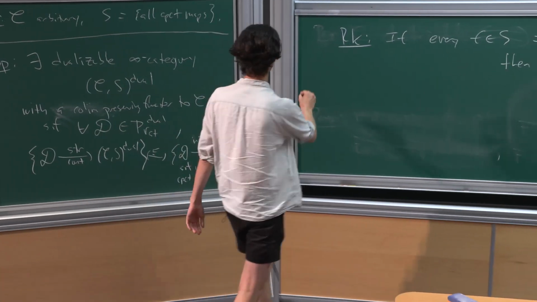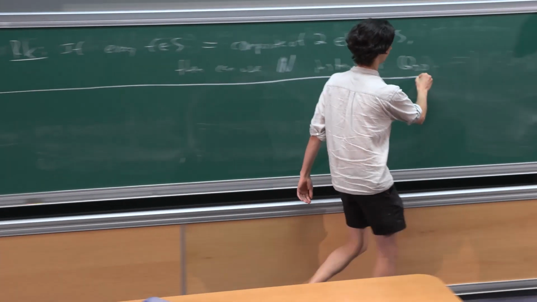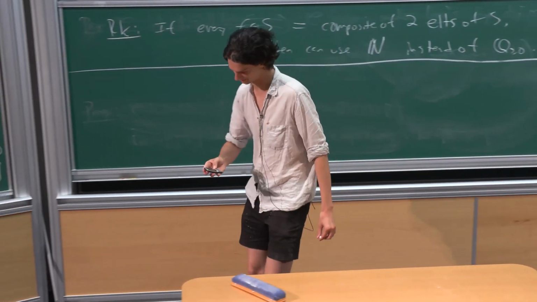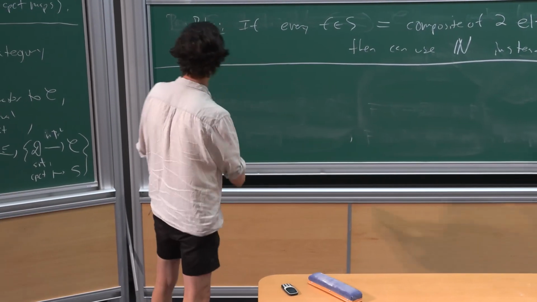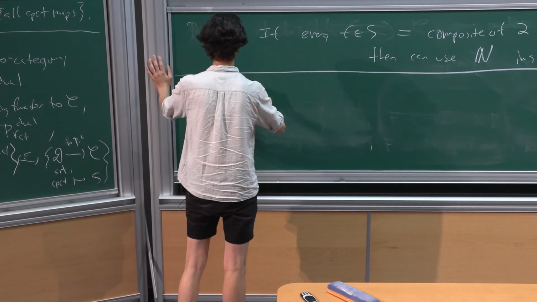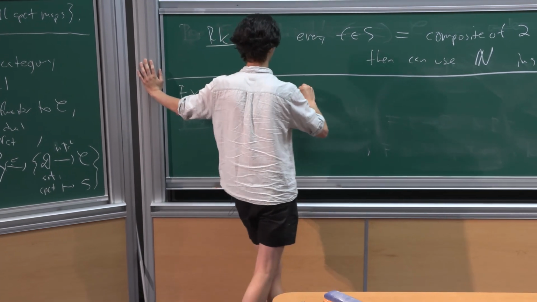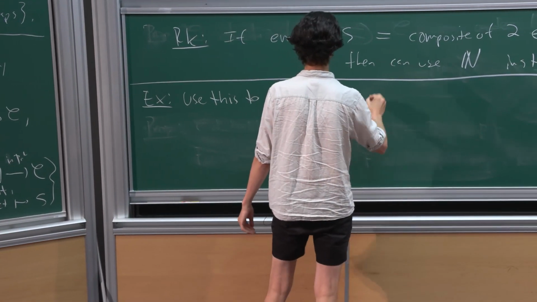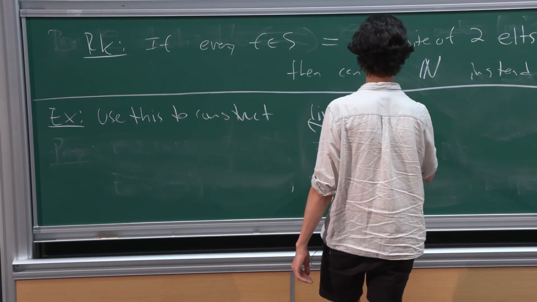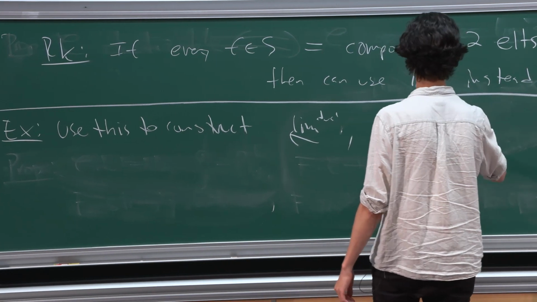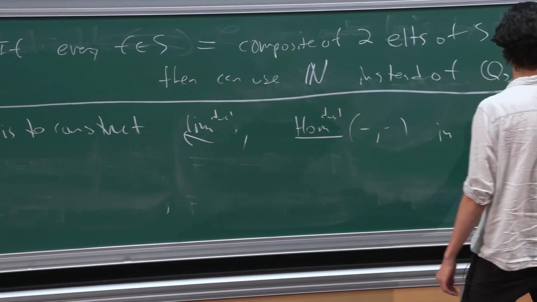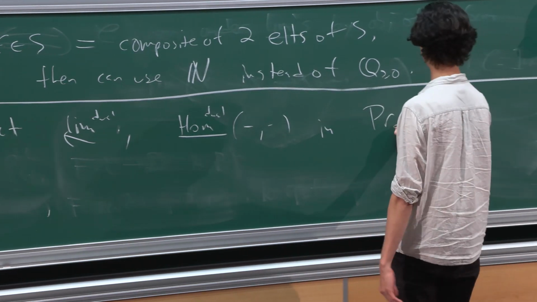Okay, so I do want to get to analytic geometry. I probably won't get to much, but I think I'll leave the following as good exercises. Use this to construct the inverse limits and sort of dual and internal Homs in PRL dual.